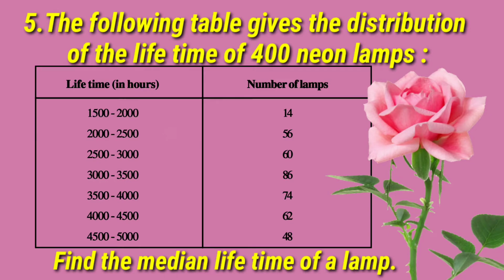Here we have a question. The following table gives the distribution of the lifetime of 400 neon lamps. Here is the table. Find the median lifetime of a lamp. So we prepare a cumulative frequency table.